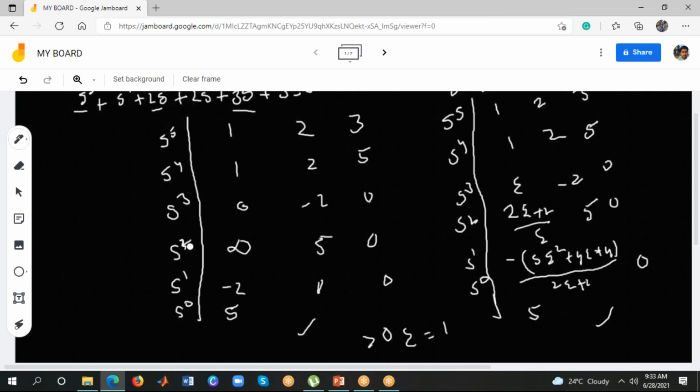From these sign changes we decide whether the system is stable or unstable. So how many sign changes? It is surely unstable. How many times? Two times, from positive to negative, so there are two roots lying on the RH side.